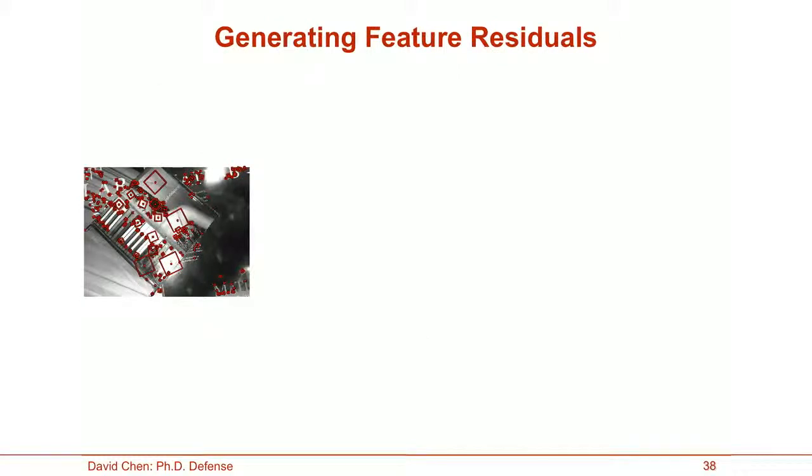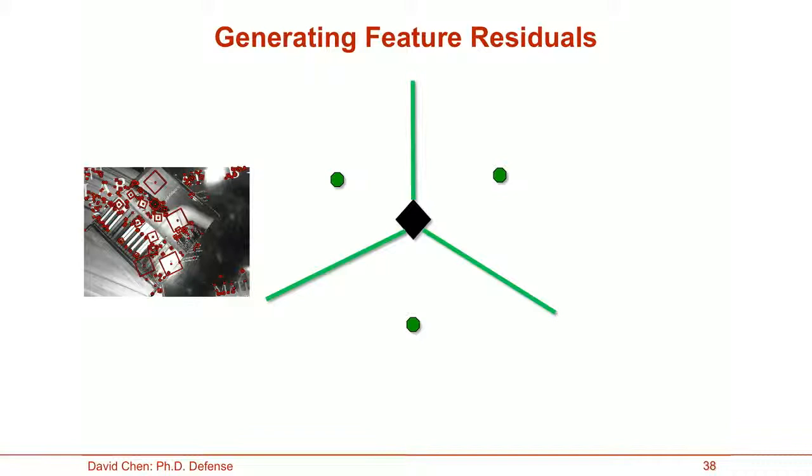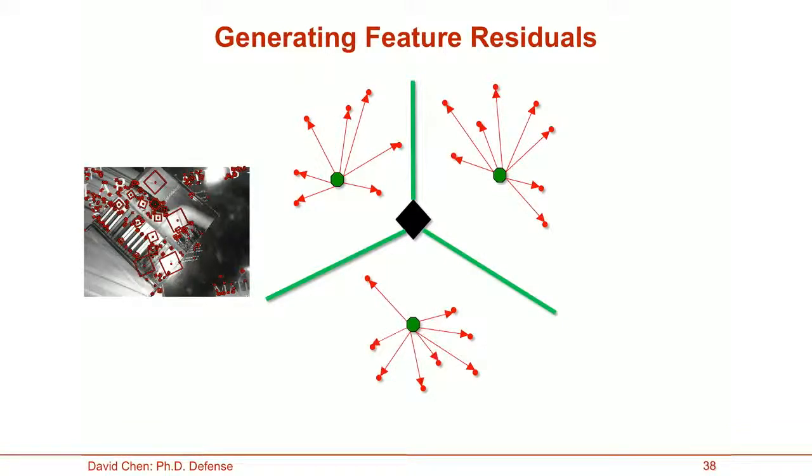To generate feature residuals, we'll return to the same vector quantization framework that we use for the vocabulary tree, but now we will use a much smaller codebook. We'll quantize the image's feature descriptors to the nearest codewords in this codebook. Then we'll compute the quantization errors or residuals.